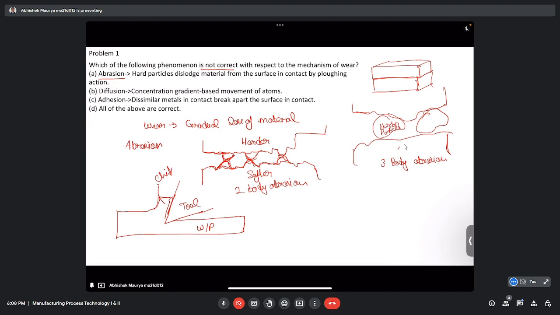What happens during the cutting process? If the cutting velocity is too high, then in this region the temperature increases, and because of the increasing temperature there is a possibility of diffusion. Diffusion happens because of concentration gradient.